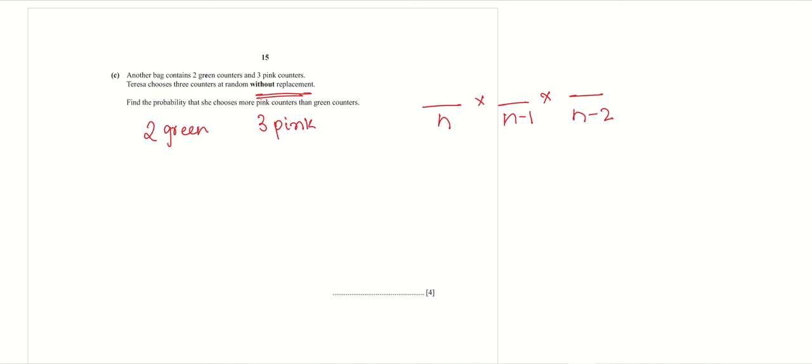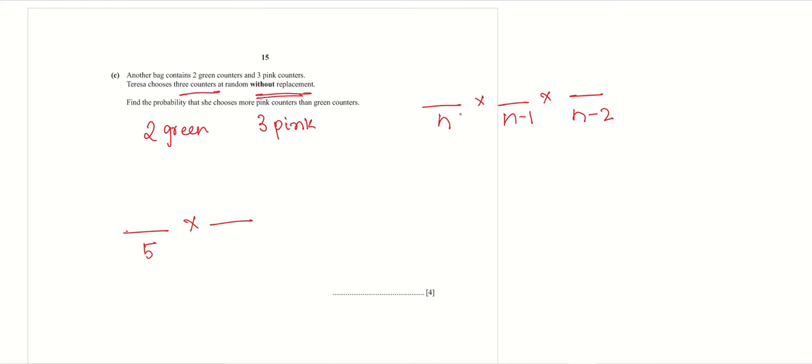So first of all, they told us that she chooses 3 counters. So that's limited for us. The total number of counters that are there is 2 plus 3, which is 5. And she will do this 3 times. She will choose 3 counters.